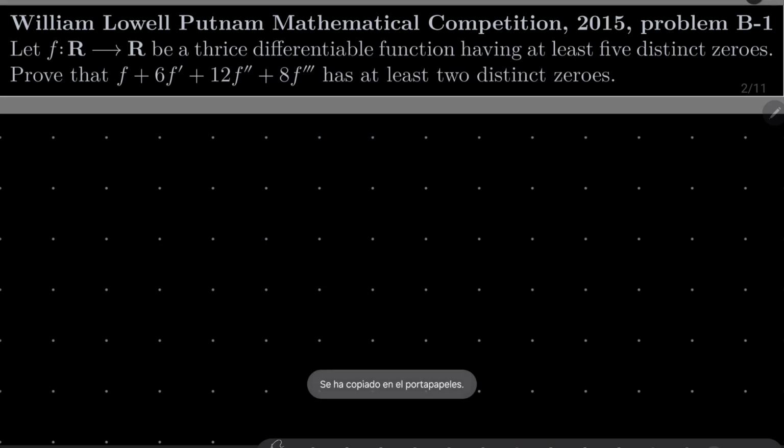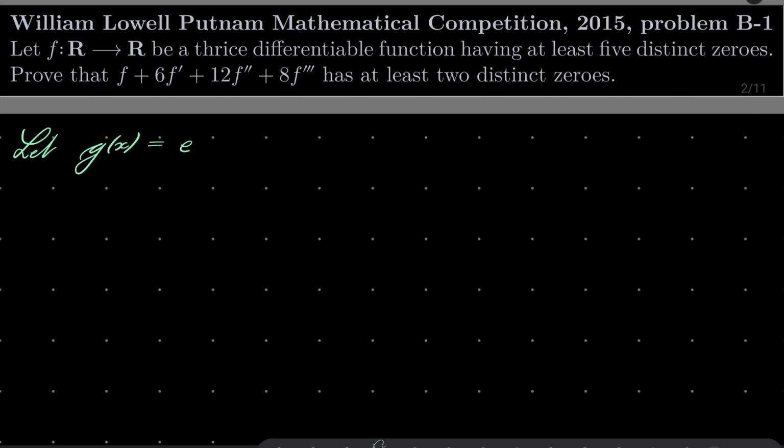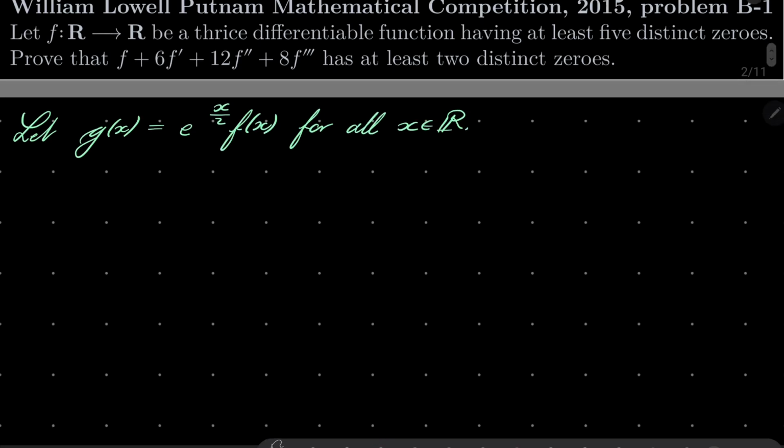Right, so as I suggested, let g of x be equal to e to the power x over 2 times f of x for all real numbers x. Now, I will differentiate this function 3 times and I will get the following.